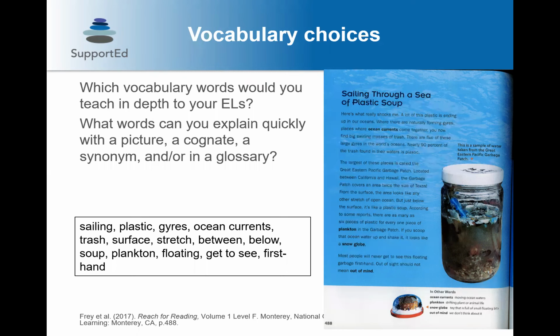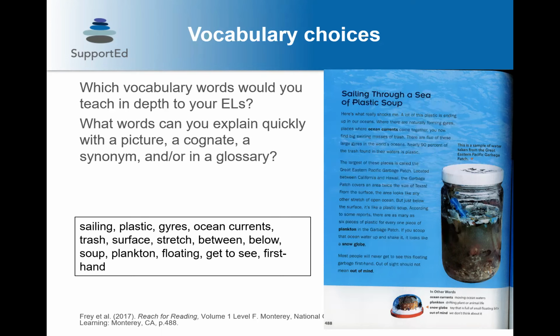And then there are other words that you might just want to explain quickly with a picture, with a cognate, if your students are Spanish or French speakers or other languages that share a lot of cognates with English, maybe even a synonym or a glossary. Some of those can be just explained really quick, and they don't need to be an in-depth vocabulary word.